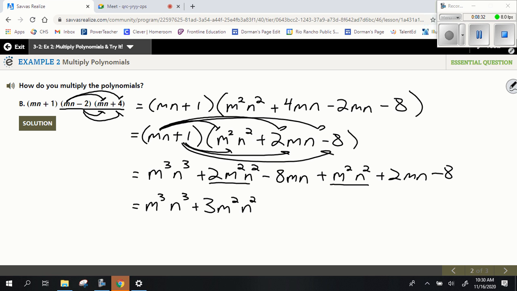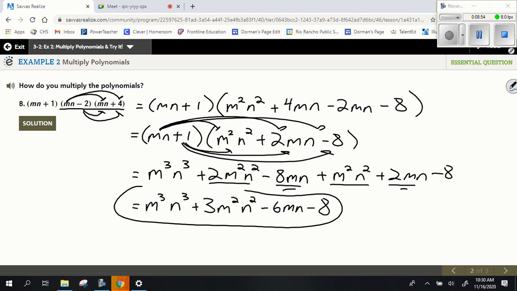Looks like we also have a few mn terms. And that's going to give me a negative 6mn. And there's no constant to add, so here we go. This is our final answer.